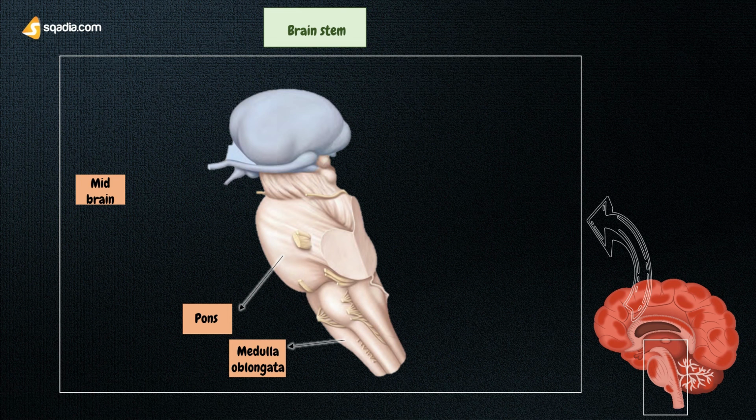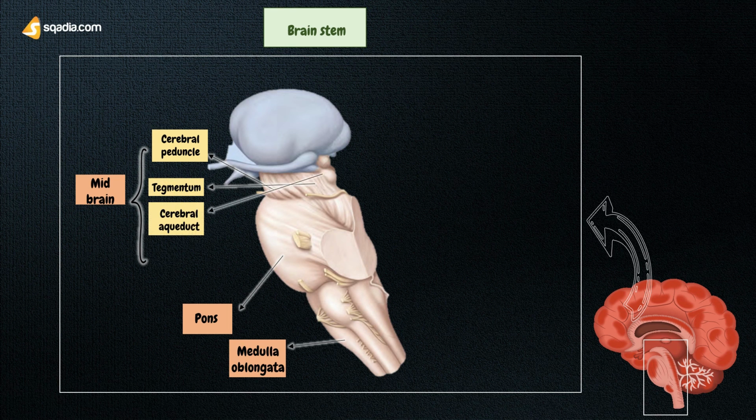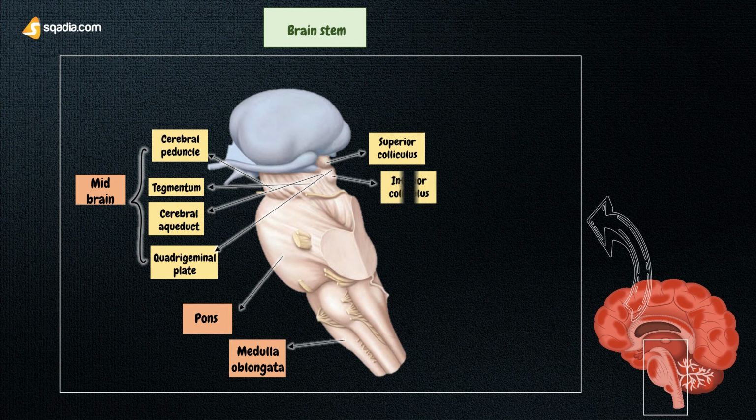The mesencephalon or midbrain is further composed of 4 parts: cerebral peduncle, tegmentum, cerebral aqueduct, quadrigeminal plate. This quadrigeminal plate is formed of superior colliculus and inferior colliculus. So all these structures together with pons and medulla oblongata make the brainstem.